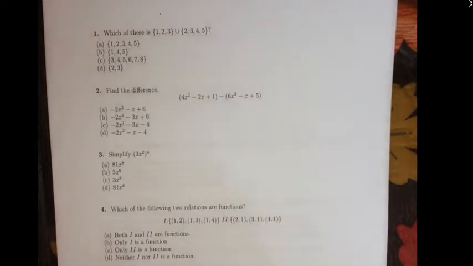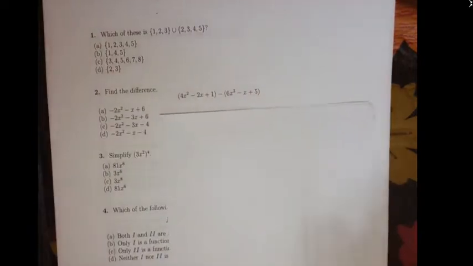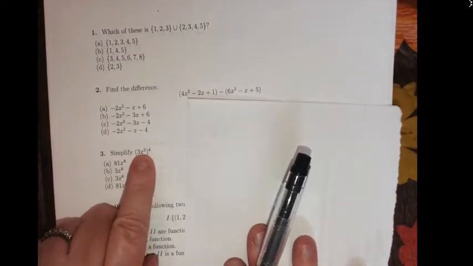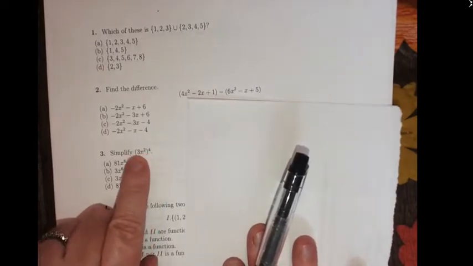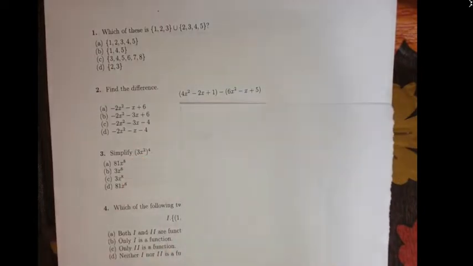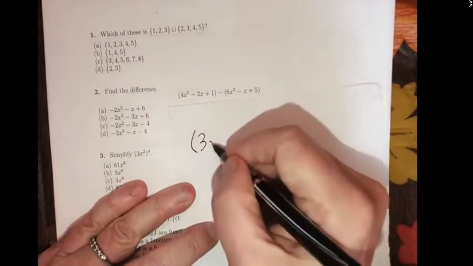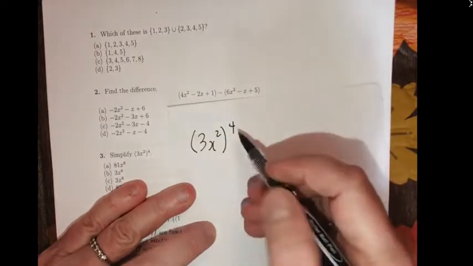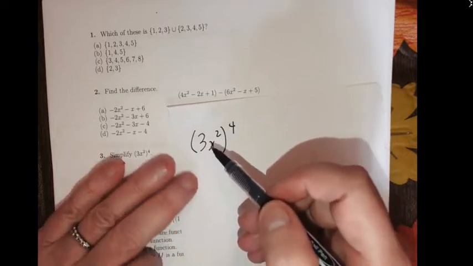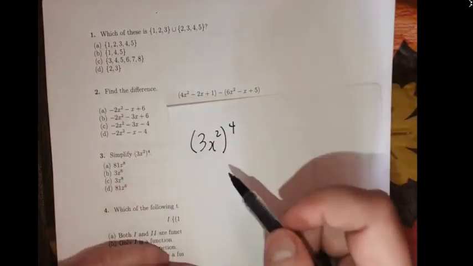Okay, let's simplify this. The common mistake here is a student does not apply the exponent of 4 to everything inside because it is a product. So if I'm going to do this, it gets applied to everything inside. Now, if there was a plus or minus sign there, that's not the rule.